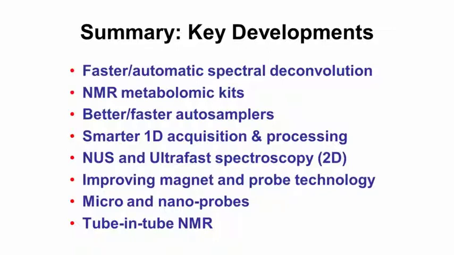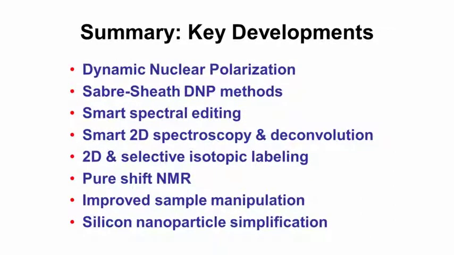There are always improvements to magnets and probe technologies, micro and nano probes. Those are expensive, but in many cases worth it. If you don't have the money or are waiting for a new magnet, you can do things like tube-in-tube NMR, which costs pennies. We talked about dynamic nuclear polarization as an approach, which is very hot right now if you have the money.